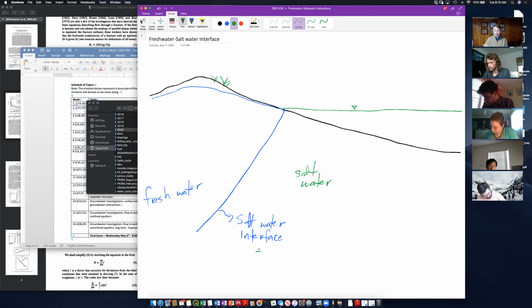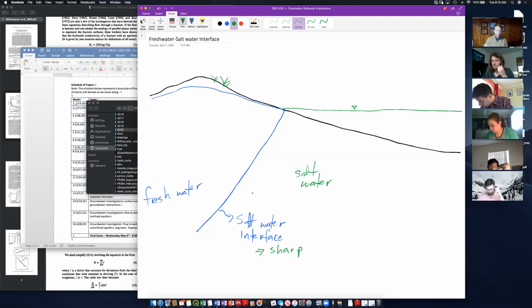And generally, this interface is pretty sharp. All right, so surprisingly, the waters are fairly immiscible. And so you'll often get, over the space of a meter or two, you'll change from freshwater to saltwater.